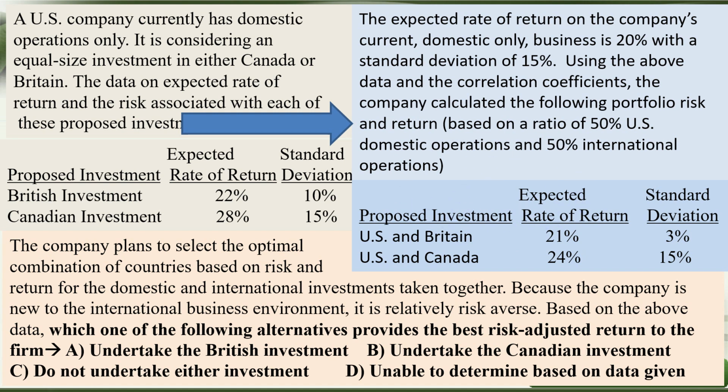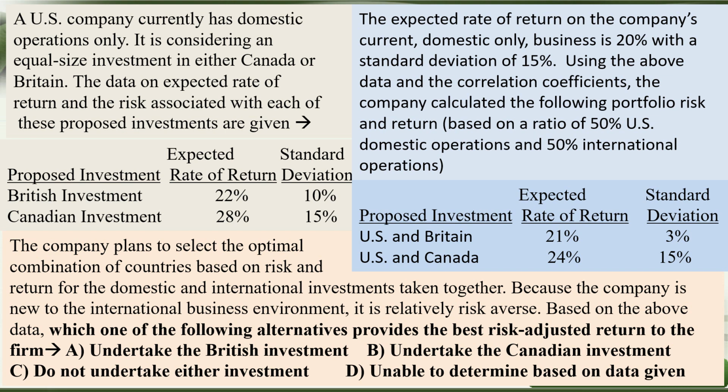So in this situation, the company plans to select the optimal combination of countries based on risk and return for the domestic and international investments taken together. Because the company is new to the international business environment, it is relatively risk averse.